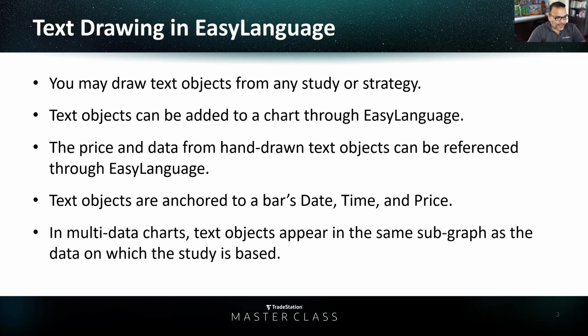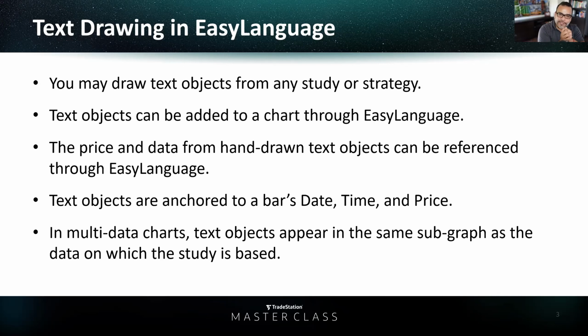If you're using a multi-data chart, which we're not going to do in this example because we're going to, again, try to make it as simple as we can, text objects appear in the same subgraph as the data on which the study is based. We've worked with multiple datas before, and you know that in EasyLanguage, in order for you to reference a second or a third data stream, you do have to reference that data stream by the number, like Data1 or Data2.